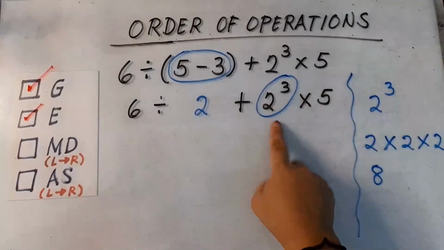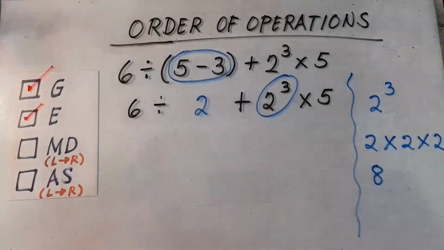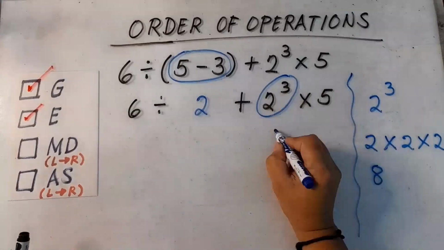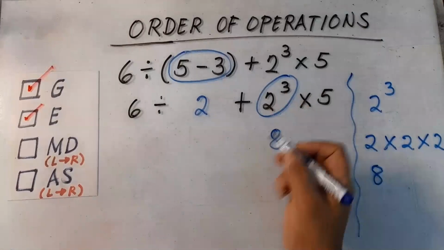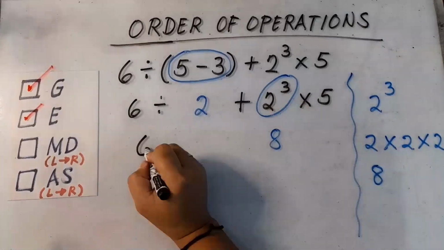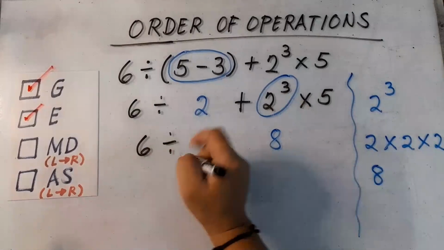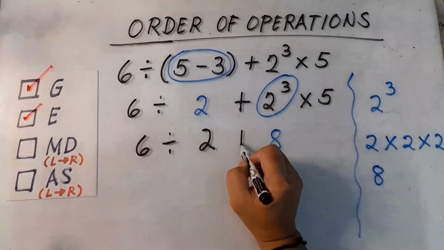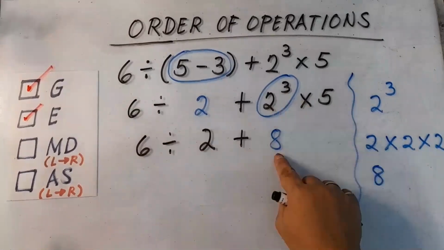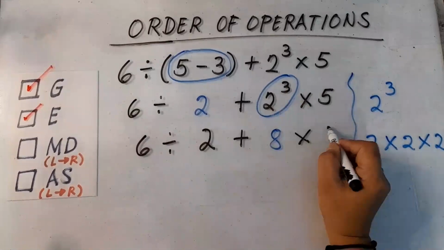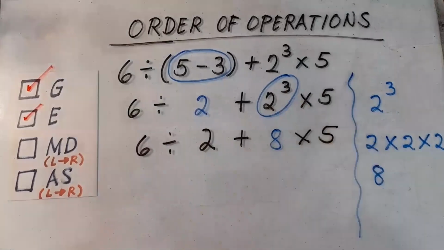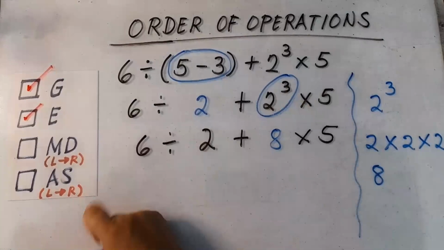And the rest, kukopyahin natin. So, 2 raised to 3 will become 8. Then we'll copy 6 divided by 2 plus 8 times 5. Okay?